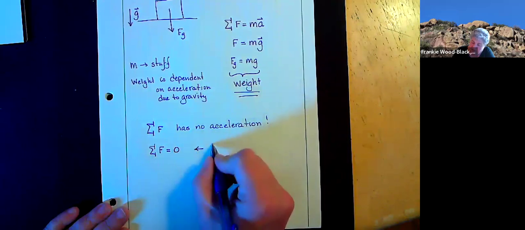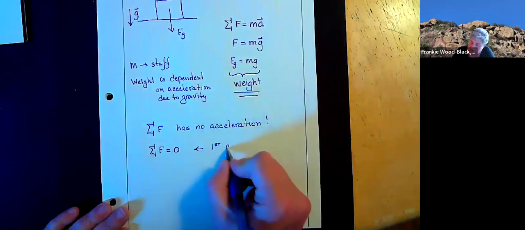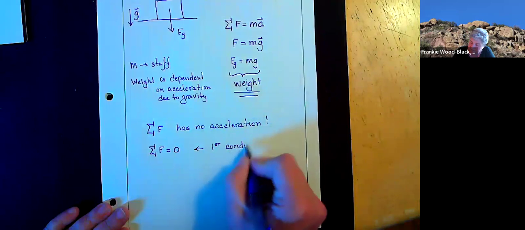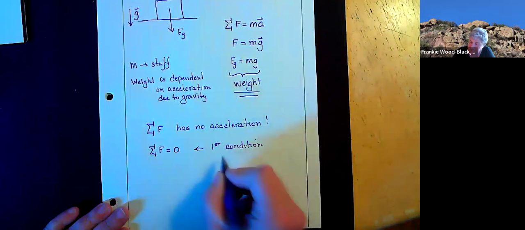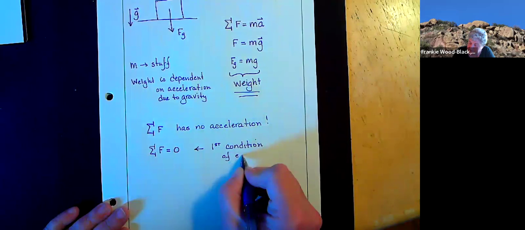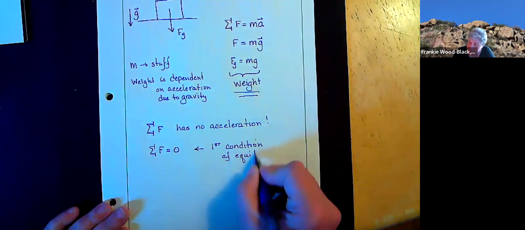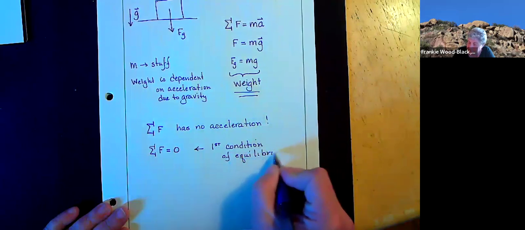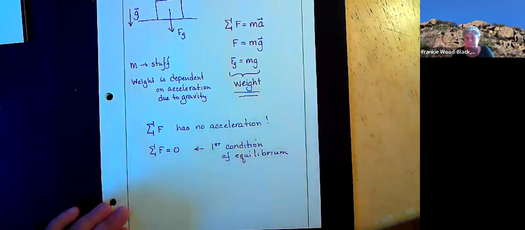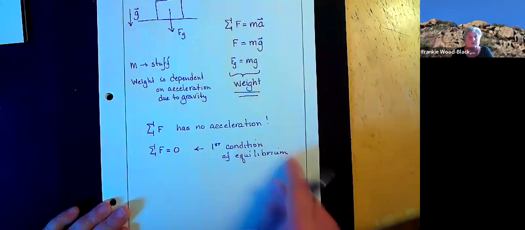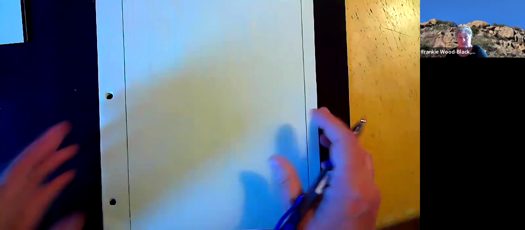And this is the first condition of equilibrium. And we can do a lot with that. In fact, we can do a whole class on looking at forces in equilibrium. So let's look at that for a second.